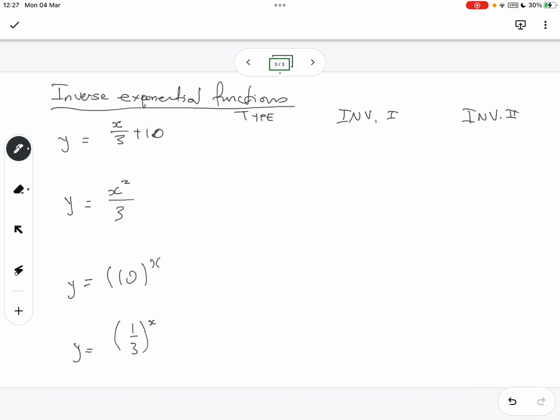Alright, so what kind of function is the first function? Y equals x over 3 plus 10. What type of function is it? Is it linear? Is it quadratic? Is it exponential? I want to believe it's linear.